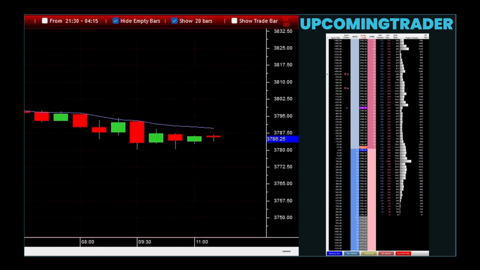Additionally, if the pattern appeared near key Fibonacci support levels, it provided another layer of confirmation for the trade. By waiting for these conditions to align, traders were able to enter the market with a higher degree of confidence and successfully capture gains as the trend reversed upward.